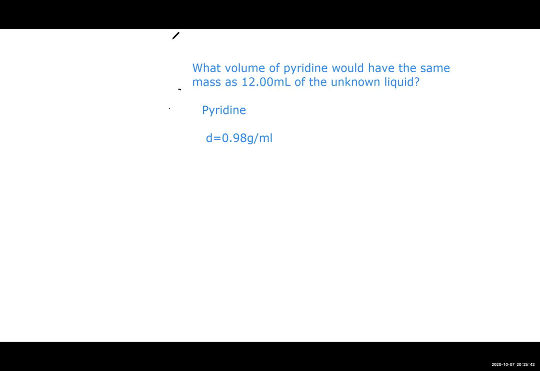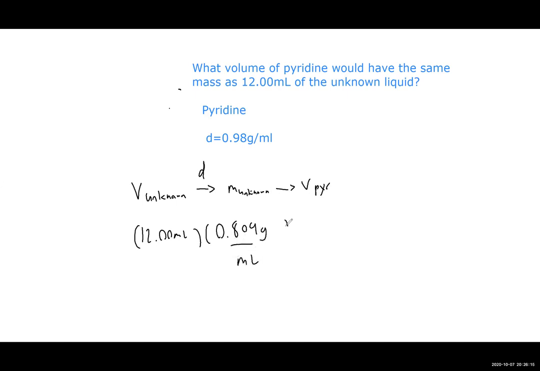Okay, so in this case, we're going from the volume of our unknown to the mass of our unknown to the volume of pyridine. So we have 12.00 milliliters of our unknown. We know that to go from volume to mass, we use our density. We have 0.809 grams per mil.